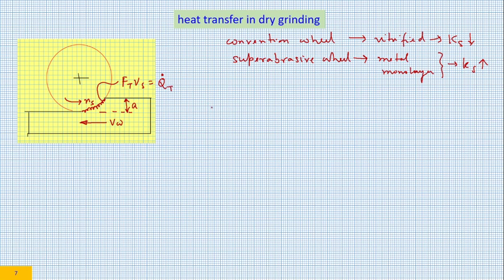So what we can write down from the previous slide: QW plus QS plus QCH plus QFL equal to QT. Now this is dry grinding.